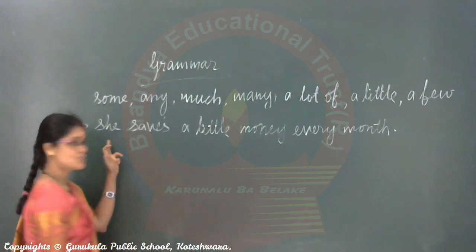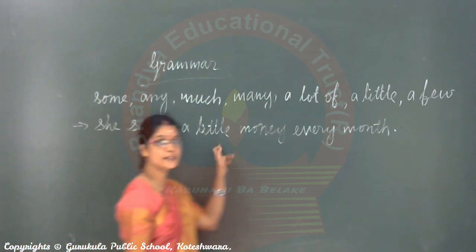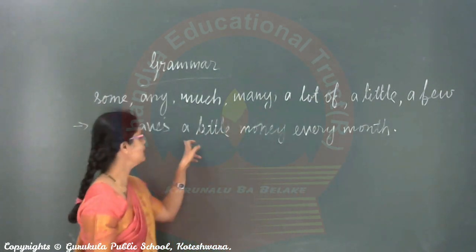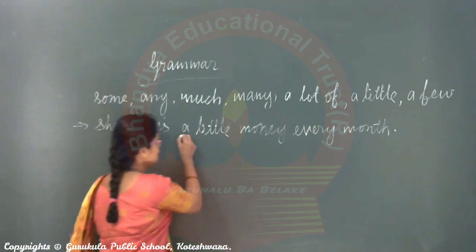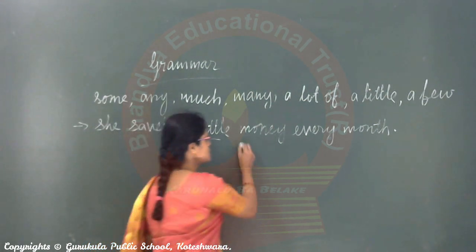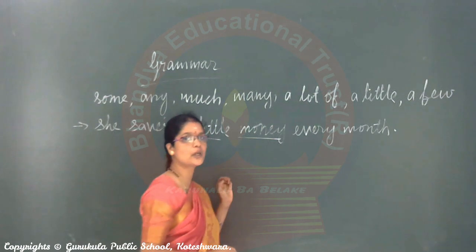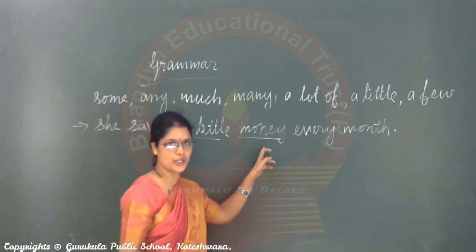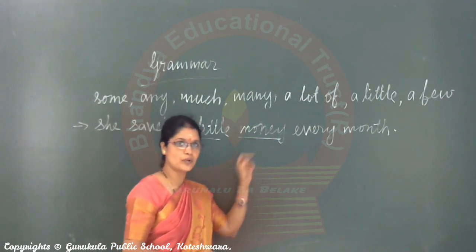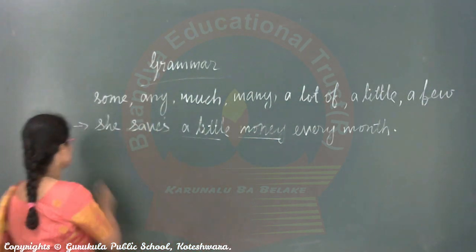Listen here. She saves a little money every month. Here, a little I have used with an uncountable noun. See, money is uncountable, we cannot count it. I have used a little with an uncountable noun. Understood? One more example.